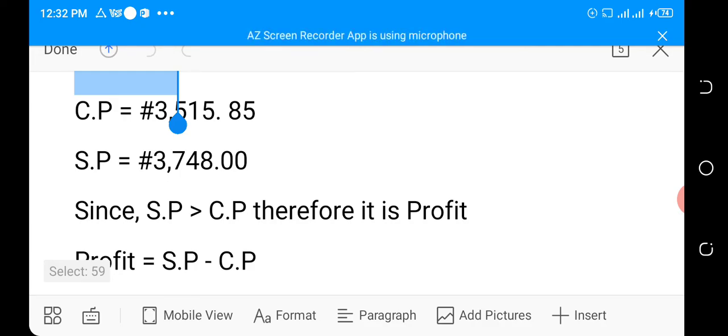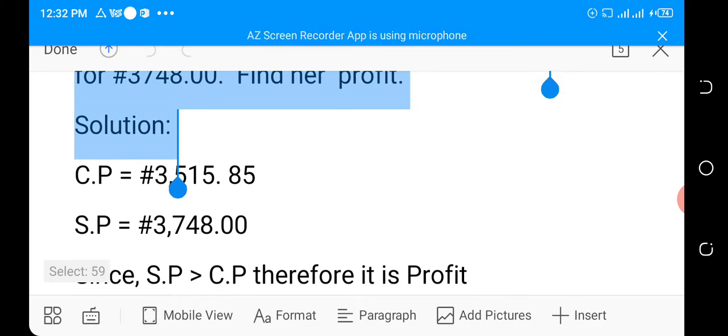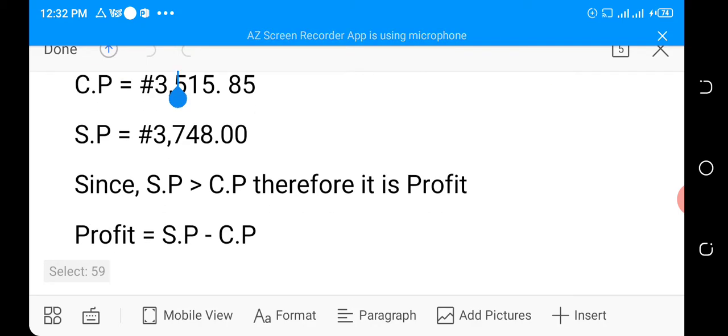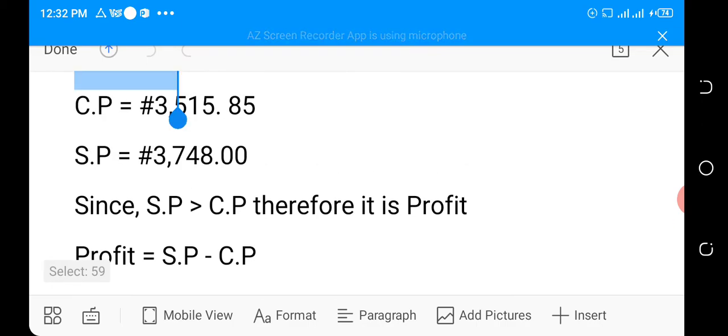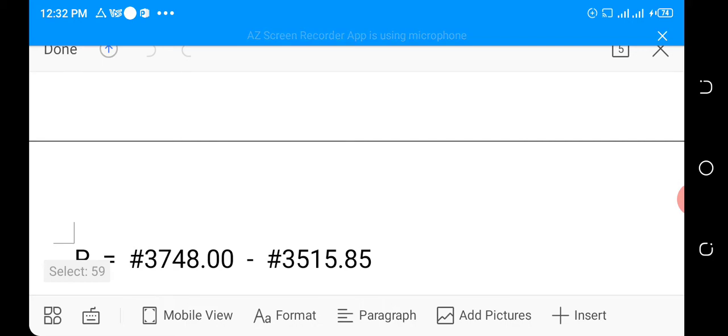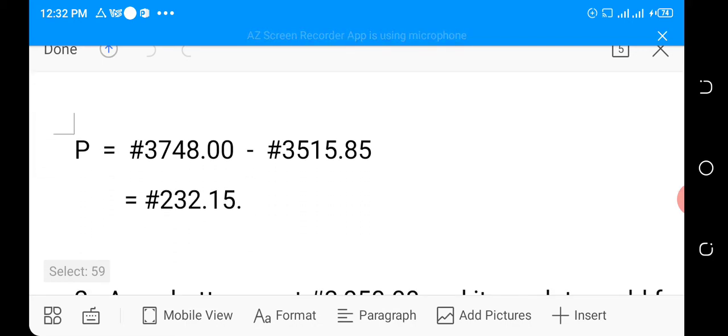So therefore, the trader made what? Profit. She makes profit. So the formula for calculating profit is SP minus CP. So your profit now will be 3,748 naira minus 3,515 naira 85 kobo. So the profit now will be 232 naira 15 kobo.